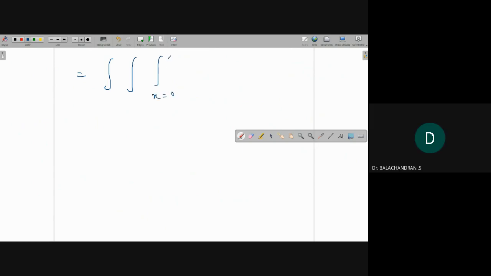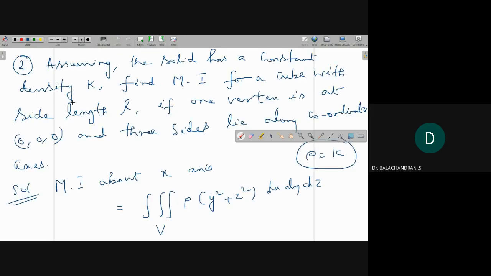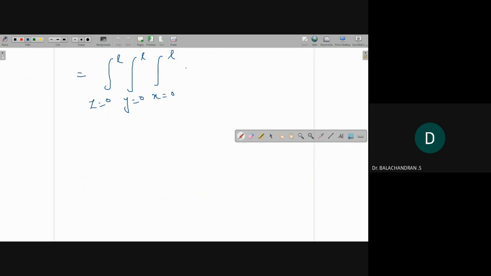Very good. 0 to L. Y where is from? Same, 0 to L, sir. Very good. And z also 0 to L, because it is given that for a cube with side length L, one vertex is at the origin 0, 0, 0. So now rho is K into (y square plus z square) dx dy dz. So that's all. So you need to proceed and find the answer.